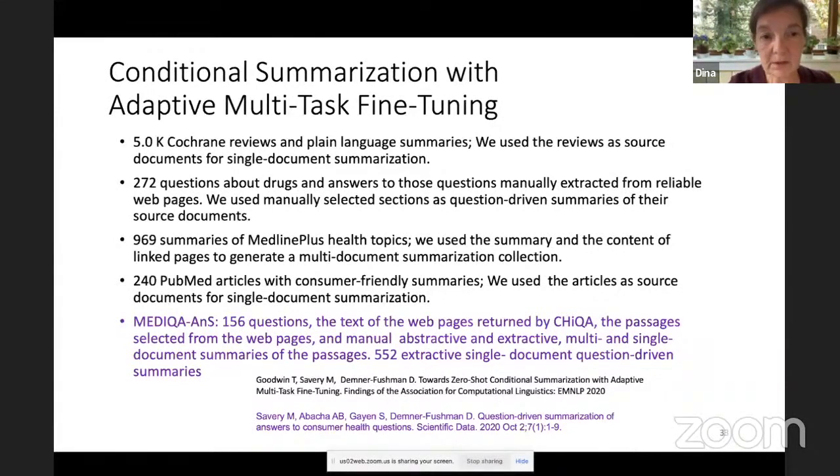So we took the Cochrane reviews that have plain language summaries, and we used the original reviews as the source documents for the summaries. And we did the same for the plain language summaries in PubMed, for MedlinePlus topics and other resources. And then we used our collection that I presented in the previous slide as a test set.